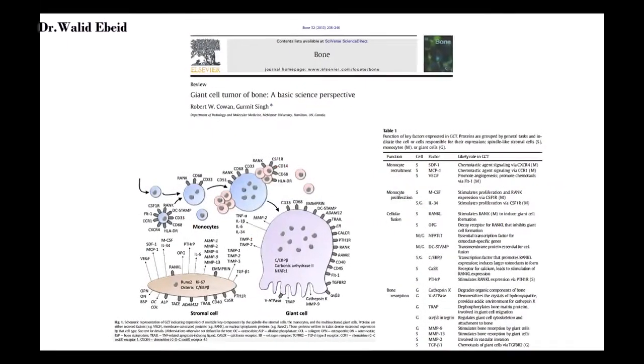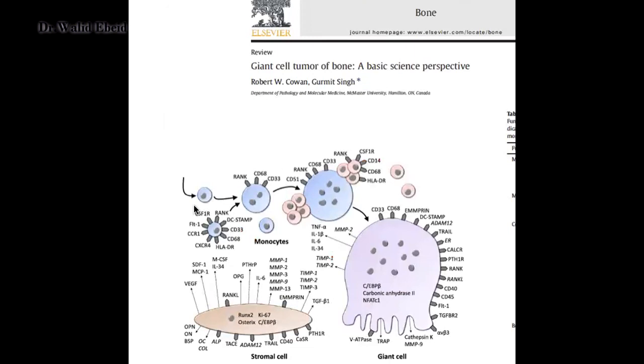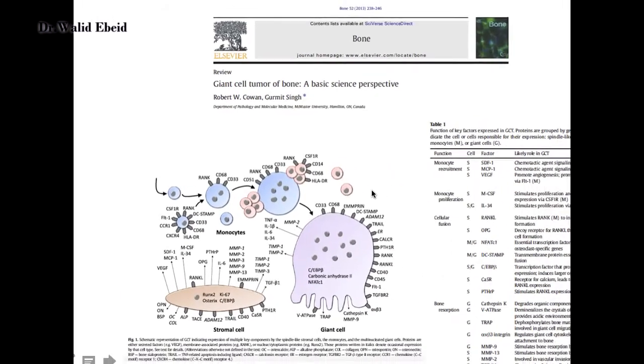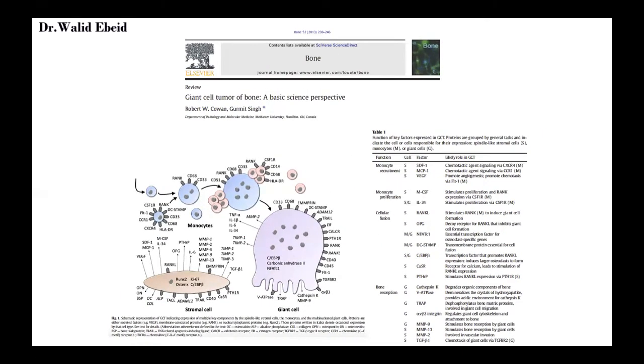We don't need to go into the details, but whoever is interested, this is a paper done by Robert Cohen and Gurmeet Singh, and they explain in detail how the cells of giant cell tumor interact to cause tumor proliferation and bone resorption, similar to what happens in the normal bone resorption cycle.